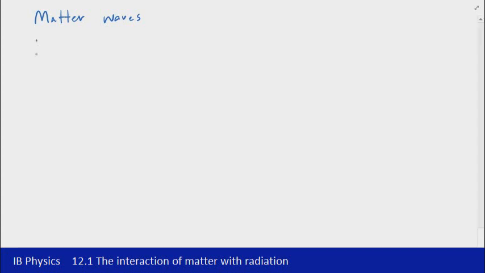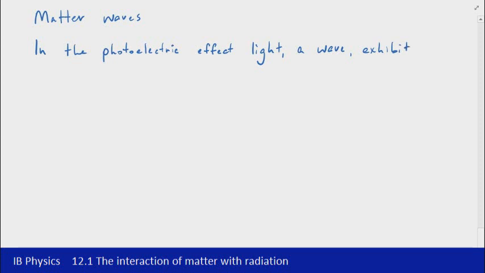In the photoelectric effect, we saw that light, which we typically consider to be a wave, was exhibiting particle properties as well. And that leads us to what's known as the wave-particle duality. So it's basically the idea that we can't really tell whether light is either a wave or a particle.